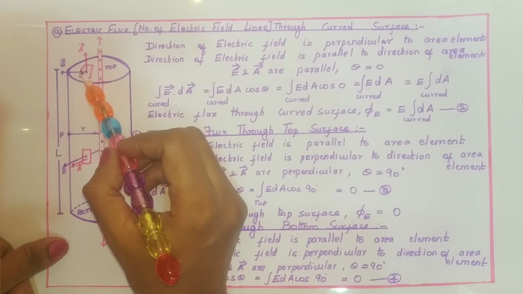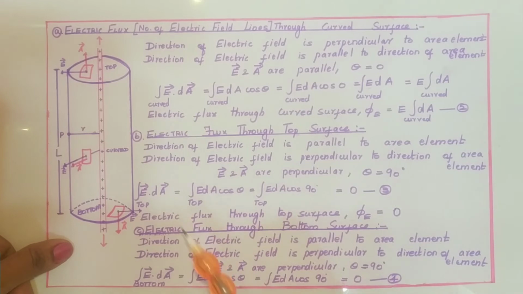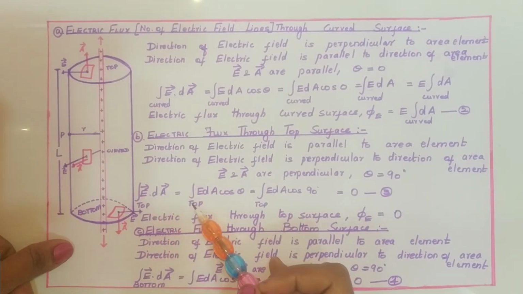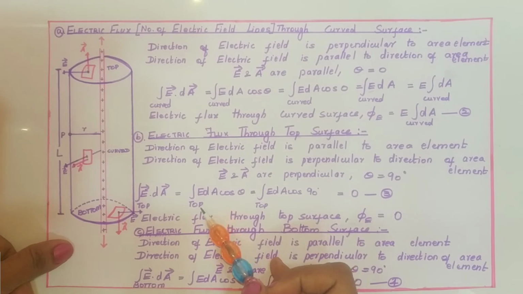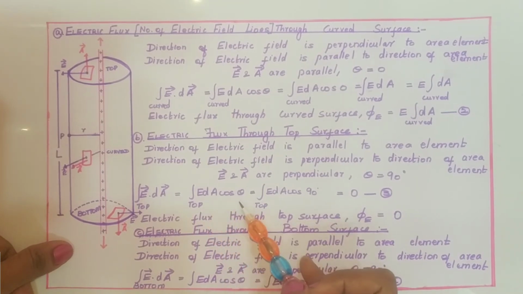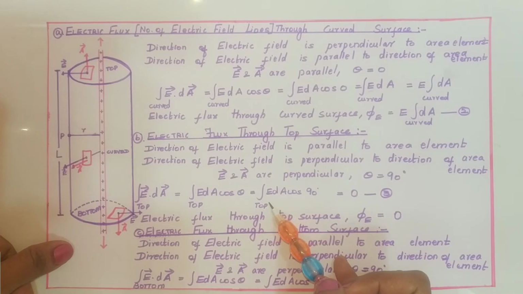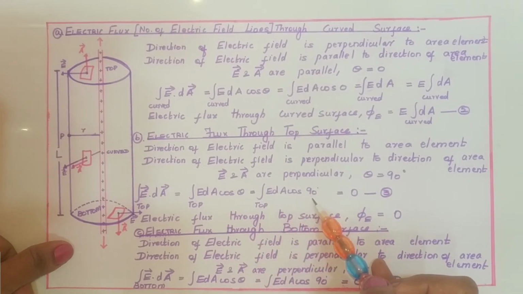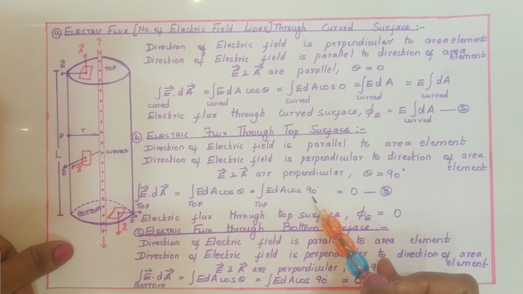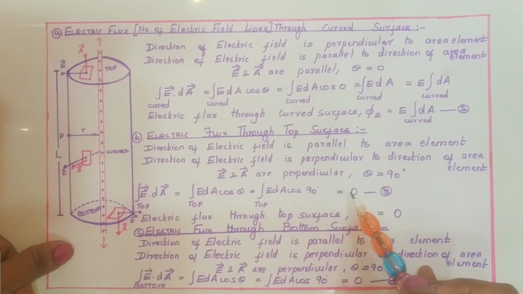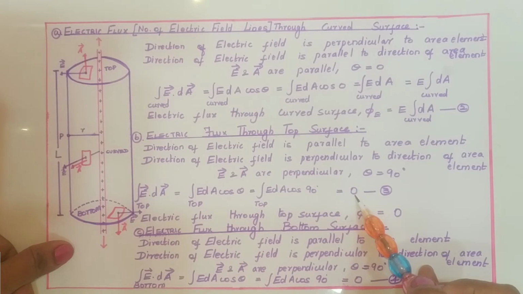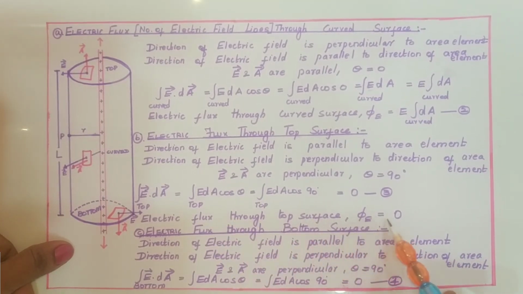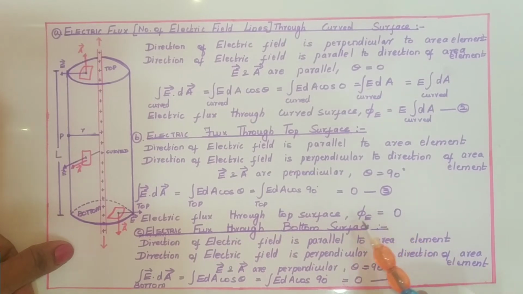The angle between them is 90 degrees. So the integral over the top surface of E vector dot dA vector is equal to the integral over the top surface of E dA cos theta, which is the integral of E dA cos 90. Since cos 90 is 0, the flux through the top surface is 0. Electric flux through the top surface, phi E, is equal to 0.